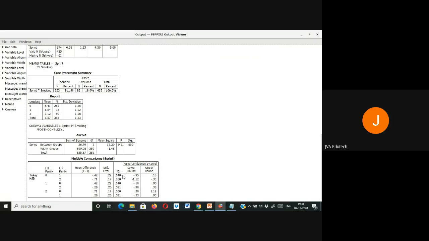No statistical difference. However, when you compare group 1, that is past smokers, with the non-smokers, again there won't be any statistically significant difference.